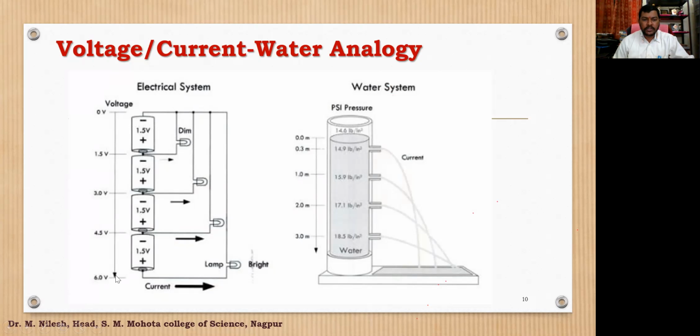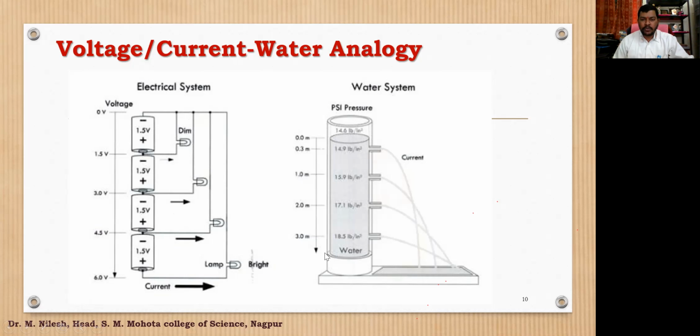If we have the full connection, the lamp, that is the LED or light, will glow brighter because it is having 6 volts, and the current flowing through it is maximum. When it connects to the 3-battery supply, it is slightly dimmer, and this one is slightly dimmer again, and the last one, connected to only a single battery, will be very dim. Accordingly, we can have this type of arrangement.